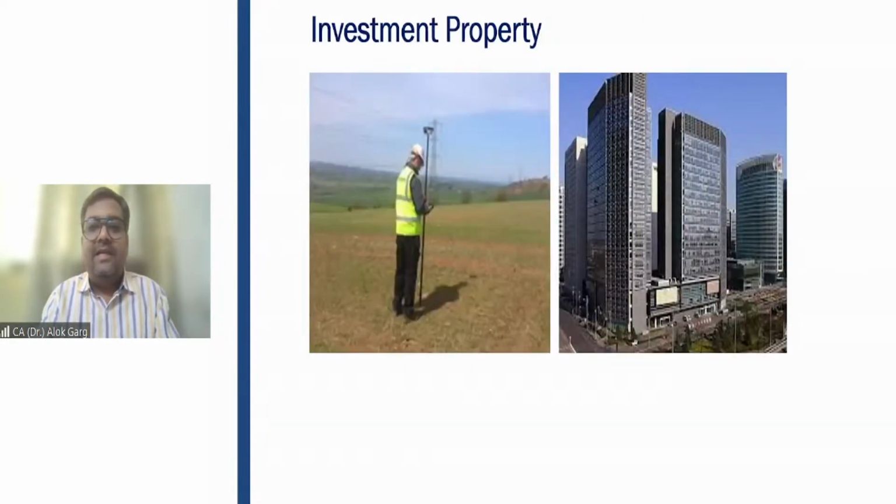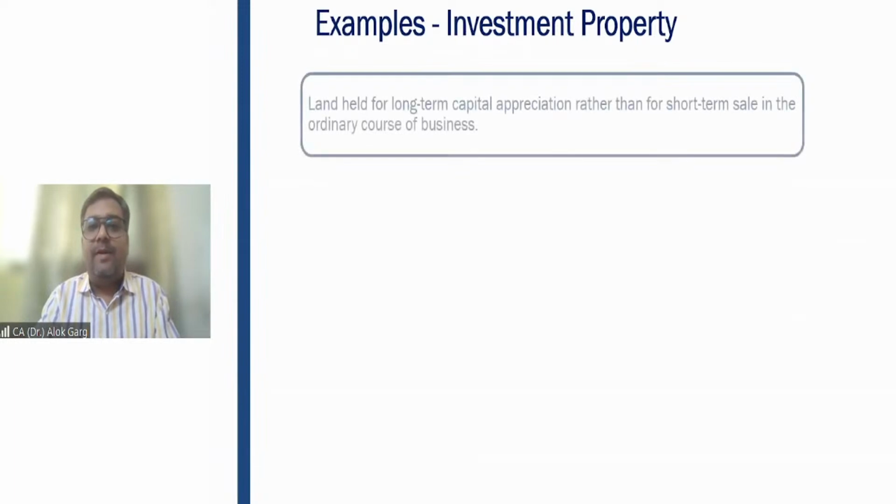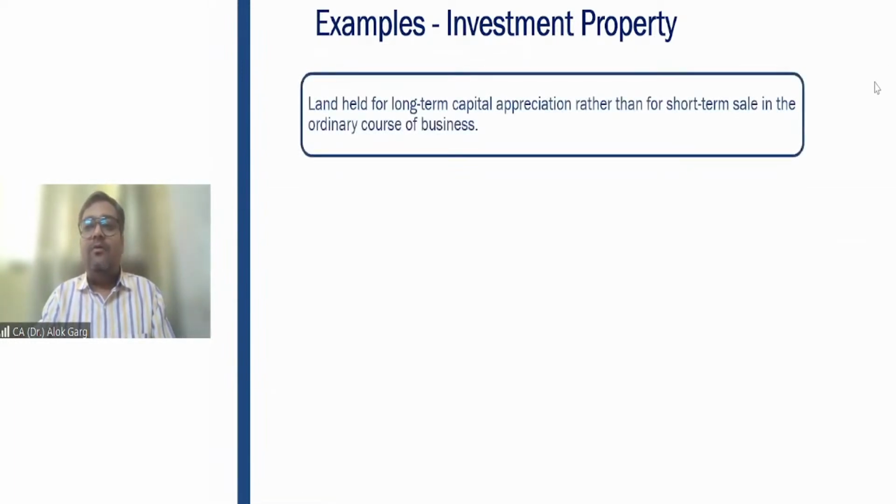Good. So these are the examples for investment property which you can see on the screen. Things will get more clear when I take these examples which are there in the standard. Land held for long-term capital appreciation rather than for short-term sale in the ordinary course of business.